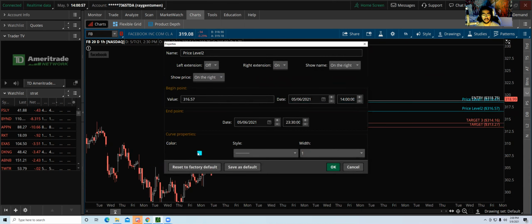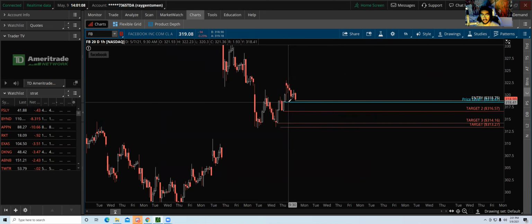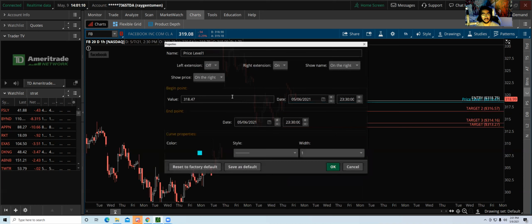Edit properties. Target 2. I wanted a different color, but obviously I didn't pick a brighter color like I wanted to.